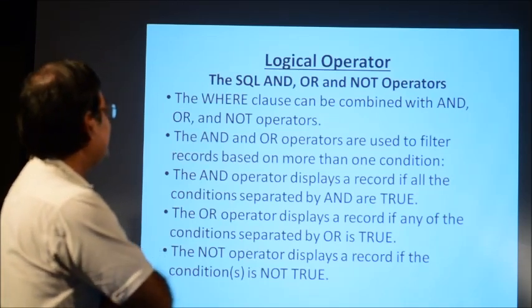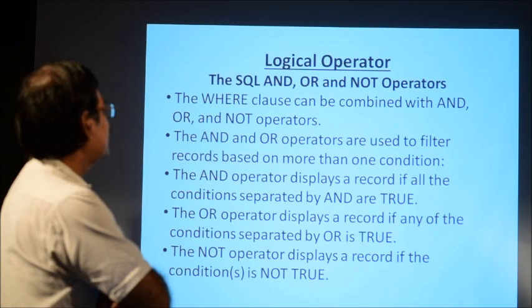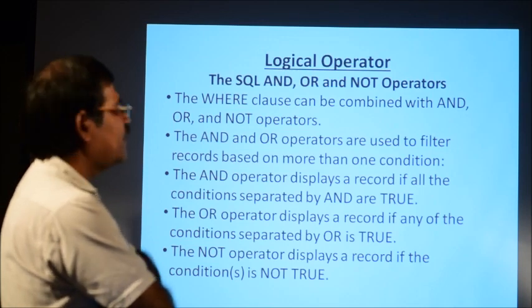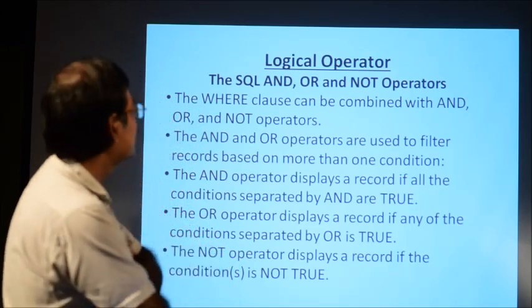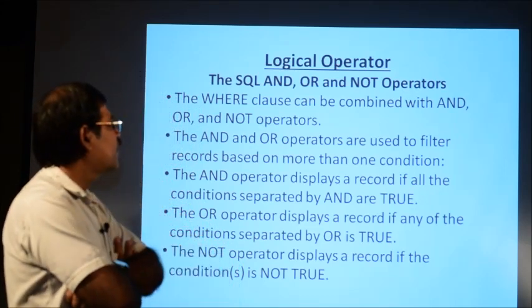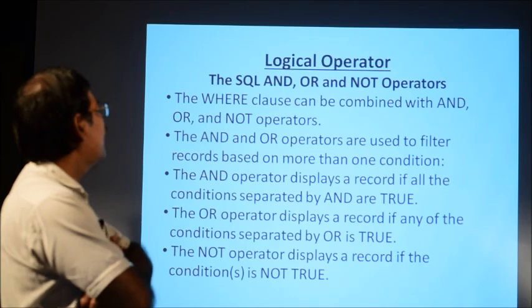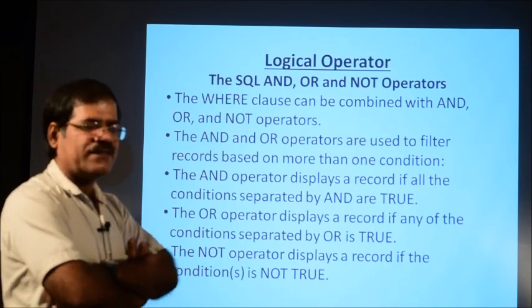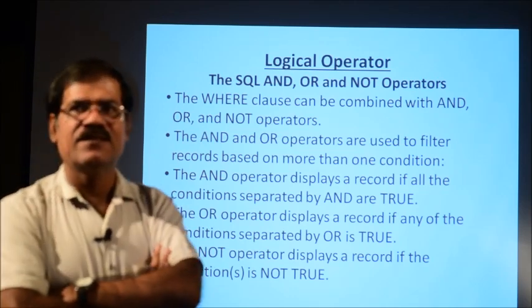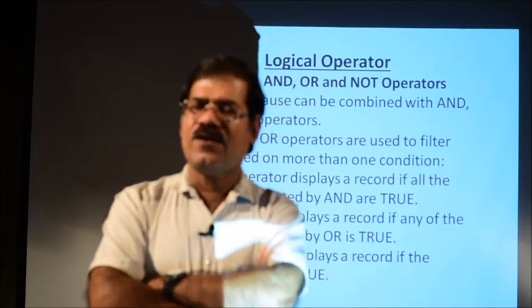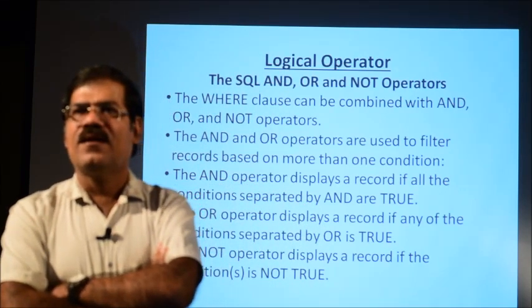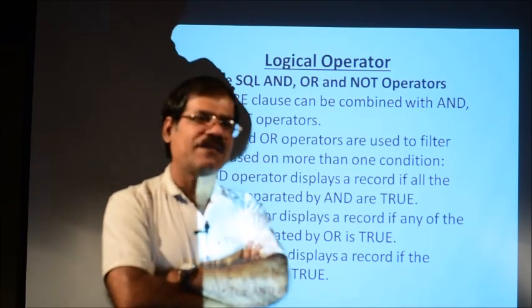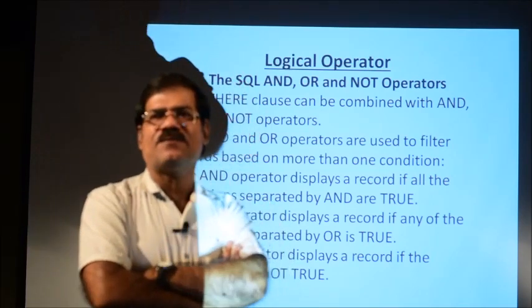I am talking about logical AND, logical OR, logical NOT. Logical means you talk about true and false. In logic, suppose there are 2 statements, P is one statement, Q is another statement.